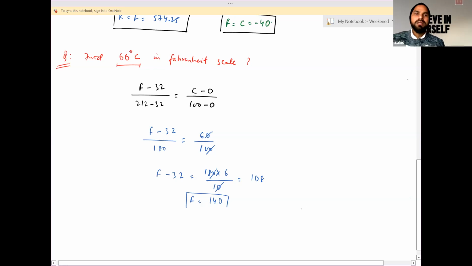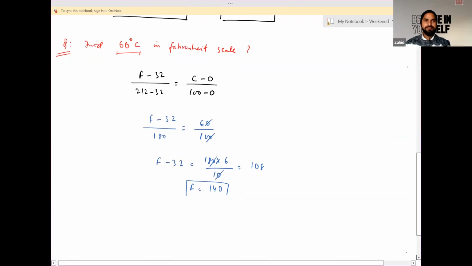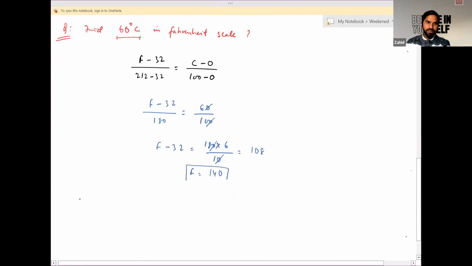Okay. So this is all about how to calculate temperature or how to convert one scale into another. Next, the most important part of this chapter, let's start with expansion. Thermal expansion.